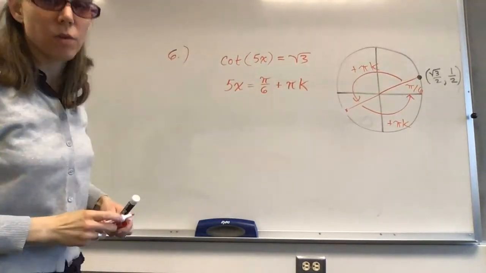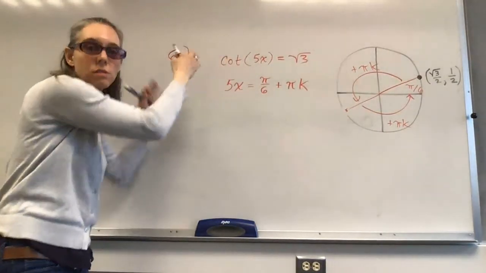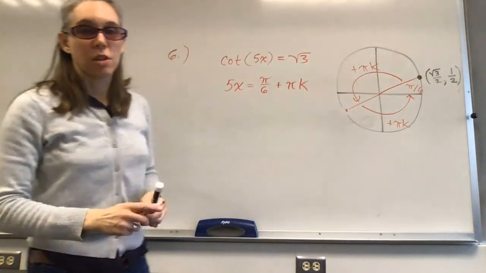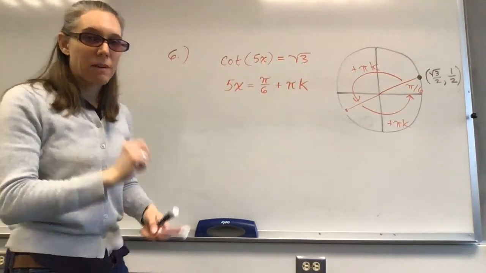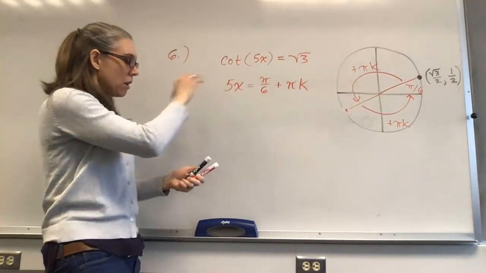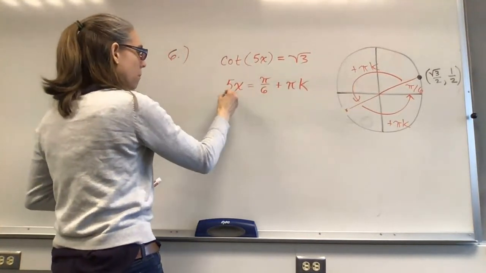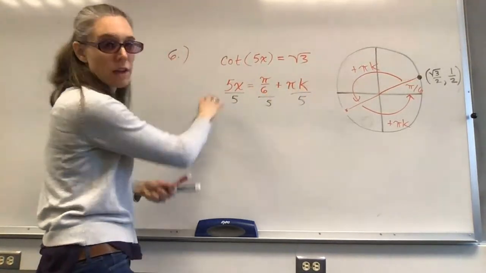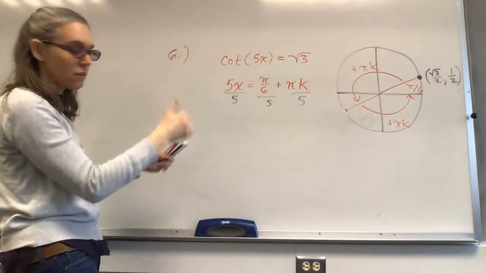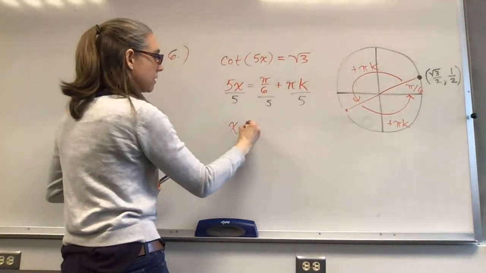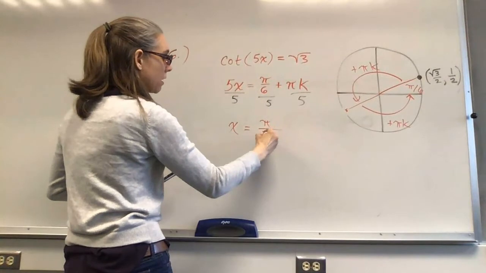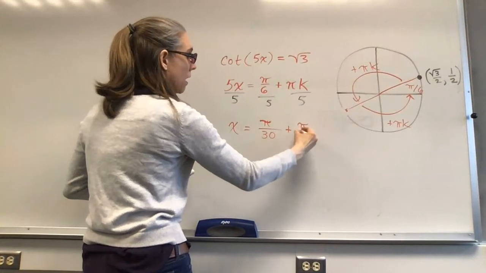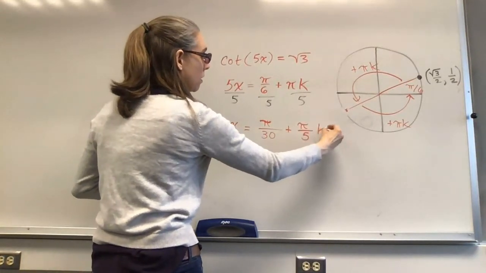So this would be your next line of work, to say that the angle 5x is equal to pi/6 plus every multiple of pi will generate that answer. Next, you divide by 5 because of the 5 right here. So divide everything by 5. And you don't have to show that divide by 5, you can divide by 5 in your head. The result is that x is equal to pi/30 plus (pi/5)k.